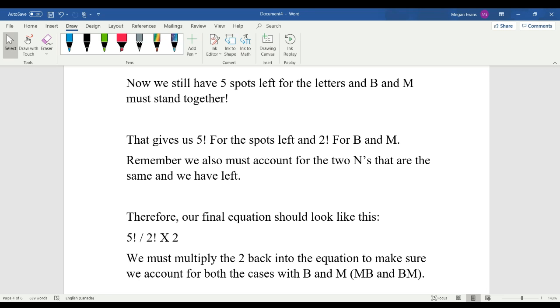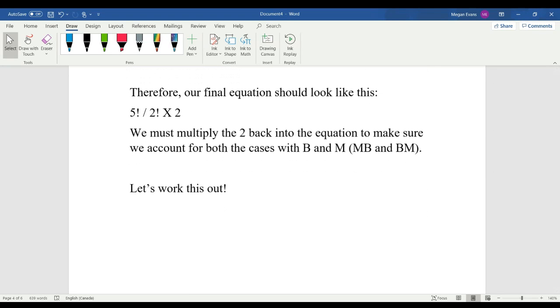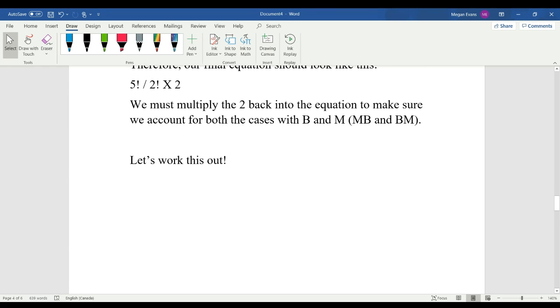That gives us 5 factorial for the spots left. Remember, we have to account for the 2 N's that are the same. That's why our final equation should be 5 factorial divided by 2 factorial, times 2. We're multiplying that 2 back into the equation to account for both cases with B and M, which are MB and BM.